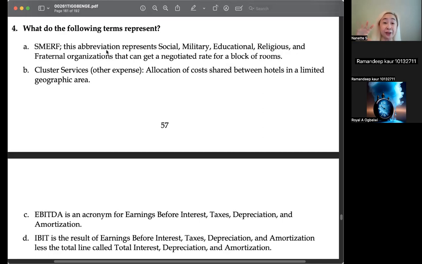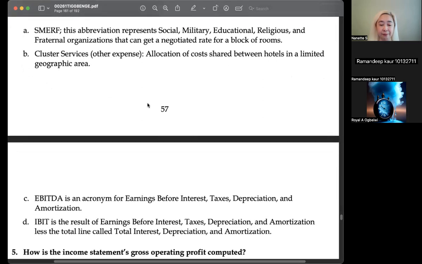So these would be different groups of people. And since they are reserving many rooms, not just one room, they can negotiate for a lower room rate. Now for cluster services, here is the allocation of costs shared between hotels in a limited geographic area.